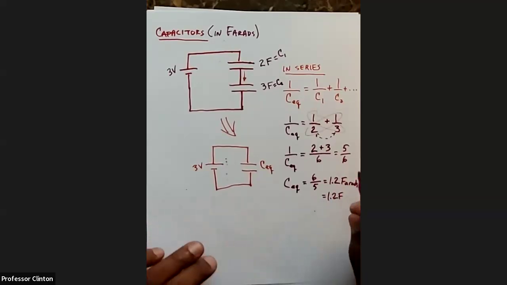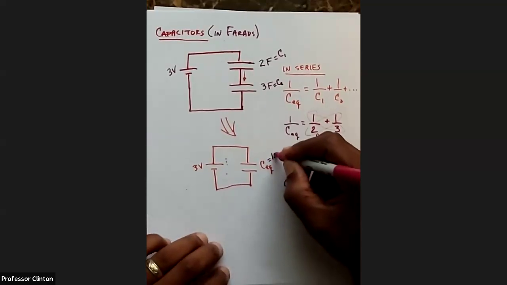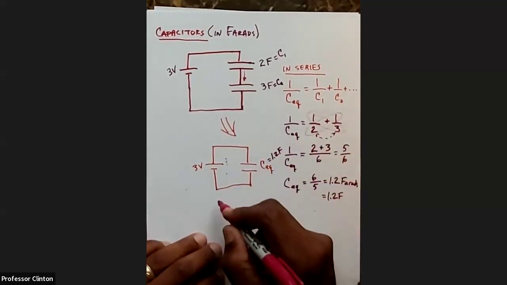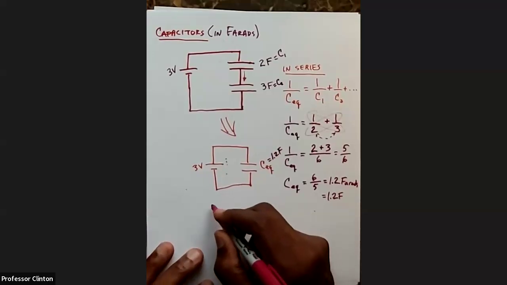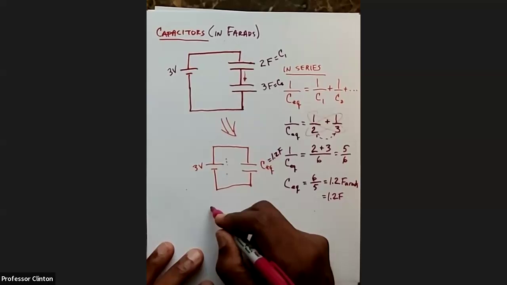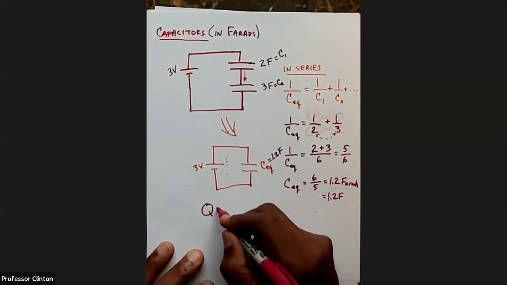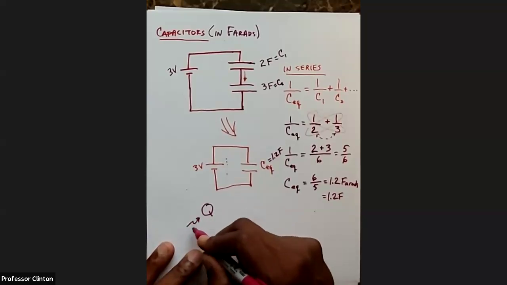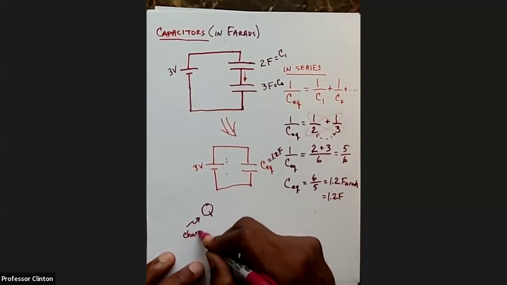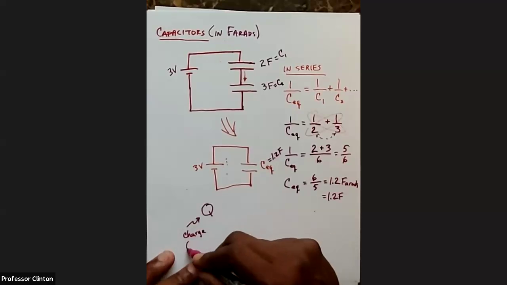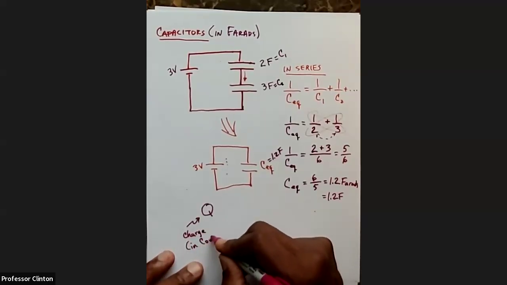Okay, so this is 1.2 farads. And you'll see an equation where I ask you to look at the stored value in the charge. Actually, sorry, the charge. So this is the charge, and this is in coulombs.